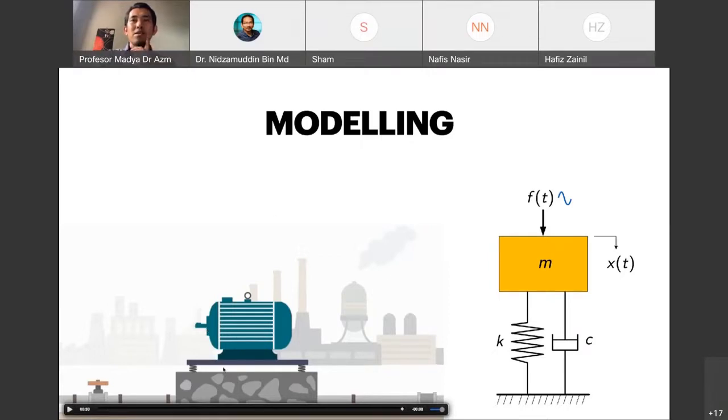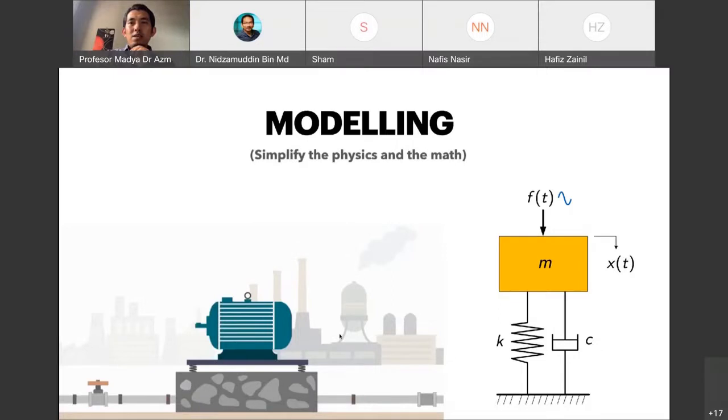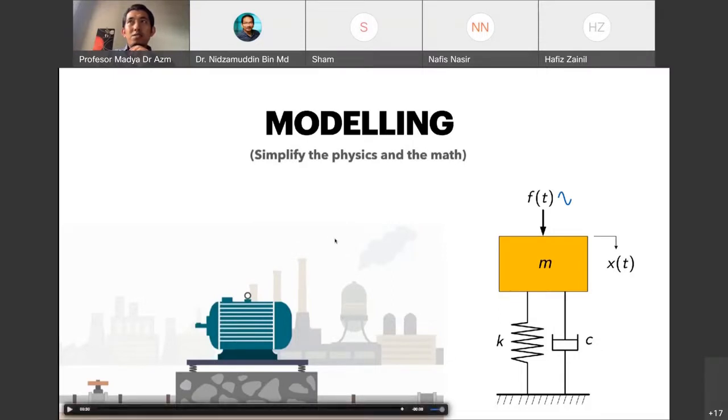But again, we want to know what is affecting the amplitude of vibration of this kind of machine from simple mathematics, and from there we can expand it to a more difficult problem. So we assume only single degree of freedom. The effort is to simplify the physics and the math.